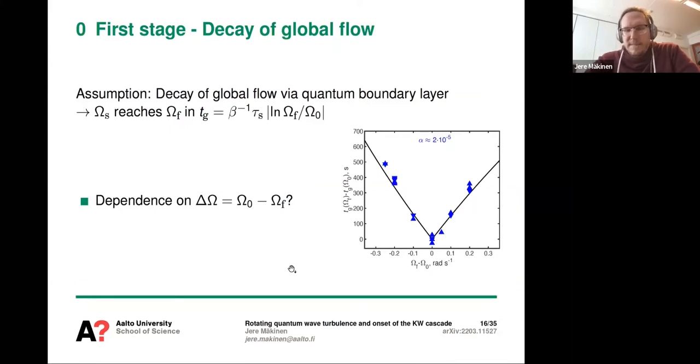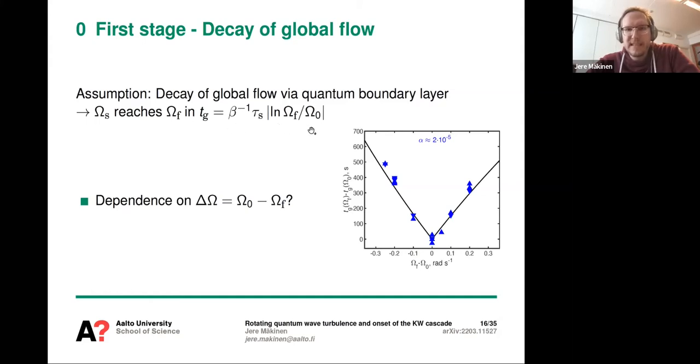Okay, so let's start looking at the first decay stage. As I mentioned, the assumption here is that there is a decay of global flow via quantum boundary layer, which also means that omega, the superfluid velocity, reaches the final angular velocity approximately linearly in time.